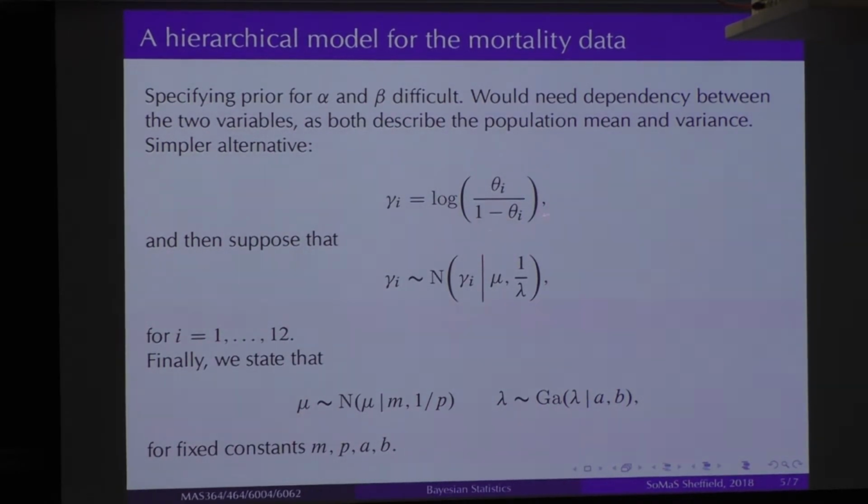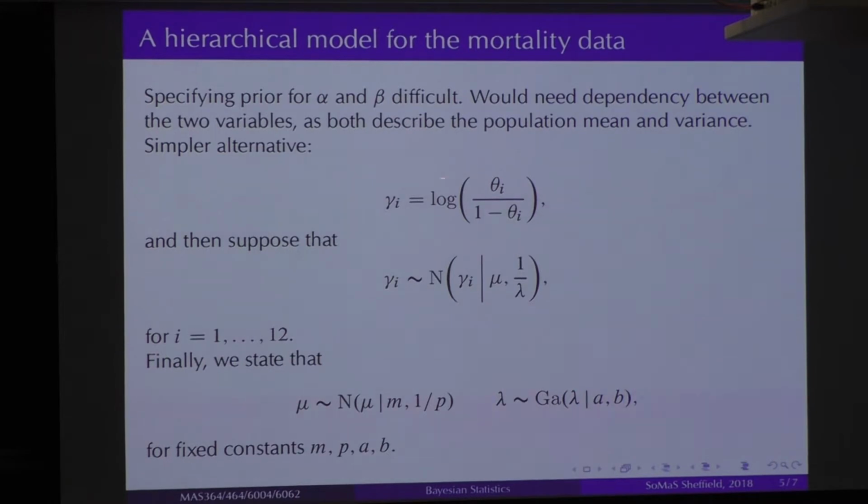So this monotonic transformation preserves the order, and therefore I can rank the gammas and get the same rankings, okay? So that is one of the reasons why I chose this transformation. The other reason is that now the gammas are not bounded. The gammas are defined in between minus infinity and infinity.